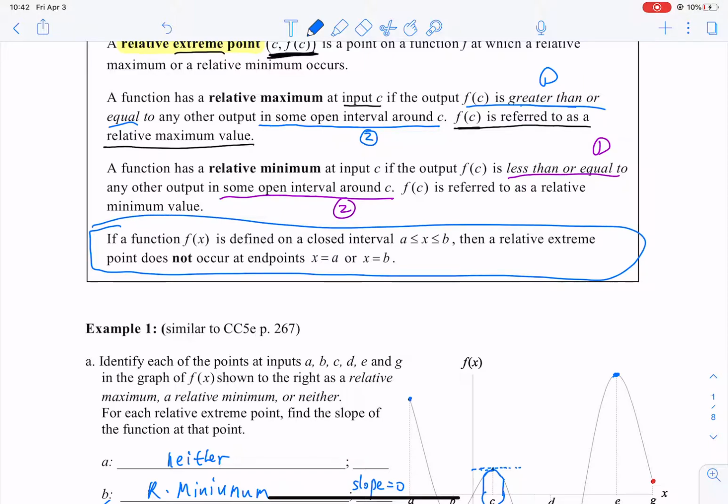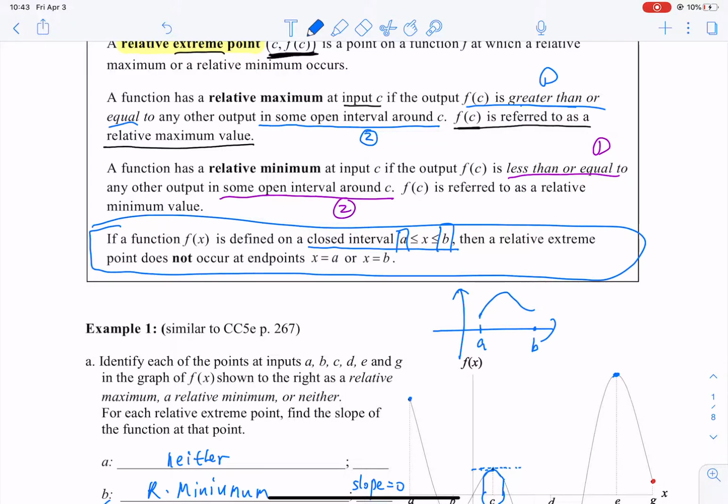Okay, if a function f of x is defined on a closed interval. So pay attention, for a closed interval, that means the two boundary points, point A and point B, are there. This is A and this is B. It is a closed interval.